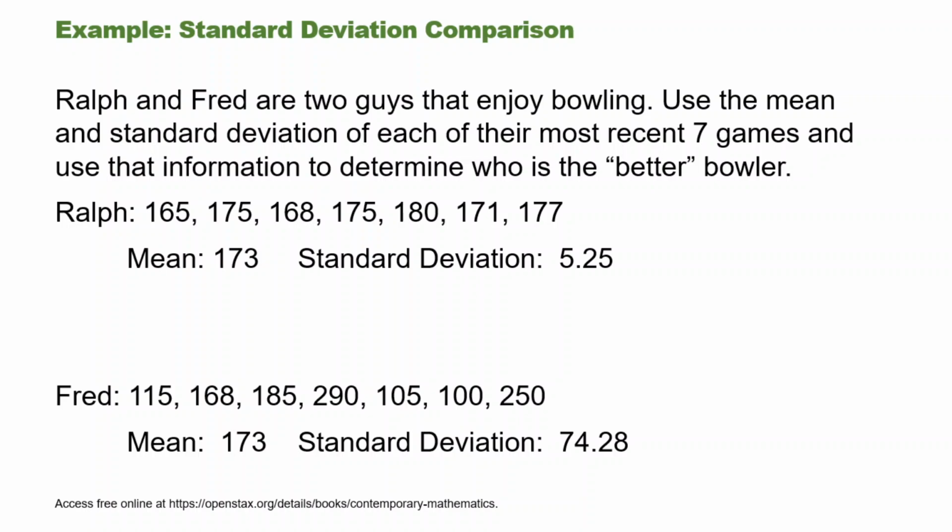Example, standard deviation comparison. Ralph and Fred are 2 guys that enjoy bowling. Use the mean and standard deviation of each of their most recent 7 games and use that information to determine who is the better bowler. So Ralph has bowling scores of 165, 175, 168, 175, 180, 171, and 177.